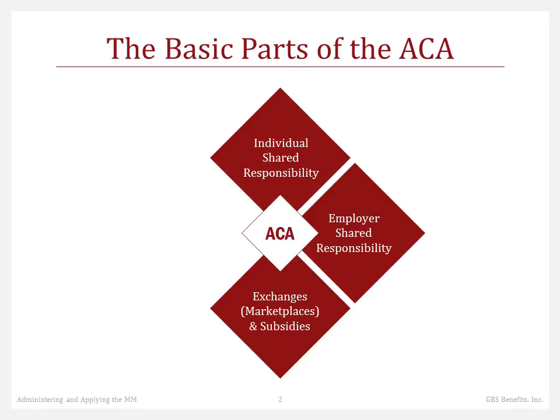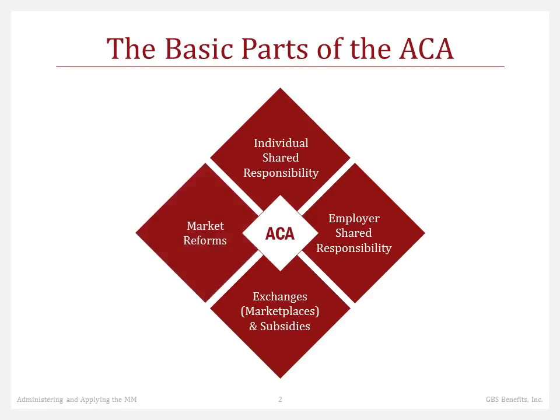And the subsidies that can be found there, or an individual can be eligible for if their household income falls within certain parameters. And then we have everything else, which is basically to say that there are a lot of other Affordable Care Act provisions that employers need to be aware of. Most of those are part of market reforms. Today we're going to be talking about employer shared responsibility.